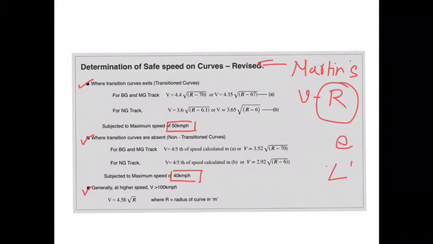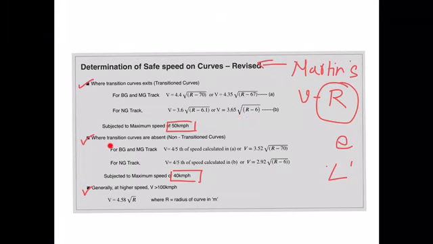So first, when the transition curve is absent, the speed on BG and meter gauge track can be calculated as V = 4.44 √(R − 70), or as V = 4.35 √(R − 67) for narrow gauge. Similarly, for narrow gauge track the speed can be determined with the second equation. These relationships are valid only up to a speed of 50 kmph. If the train speed exceeds this, we cannot use these formulas.